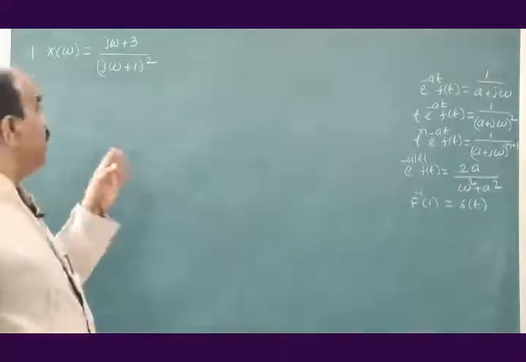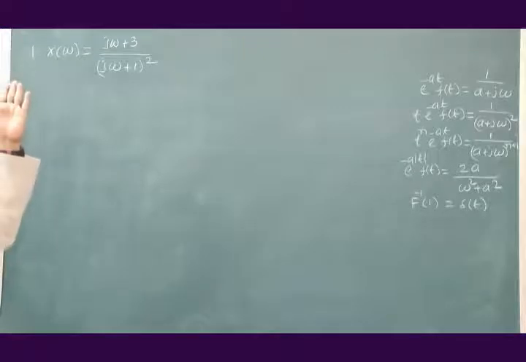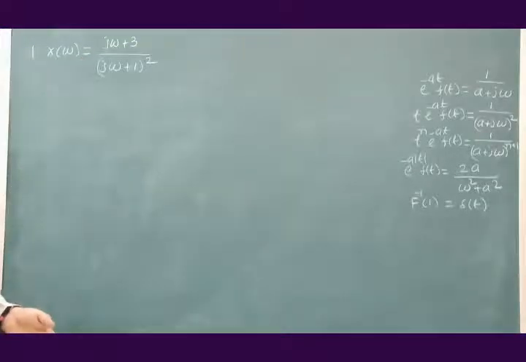So, we are asked to find inverse Fourier transform of x of omega, which is given by j omega plus 3 divided by j omega plus 1 whole square.